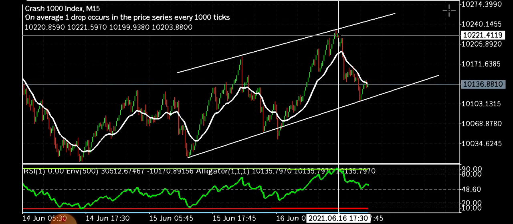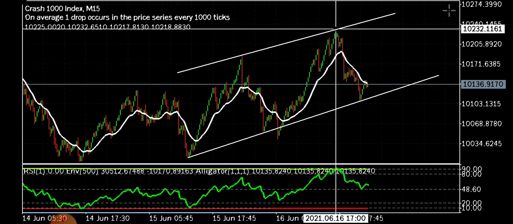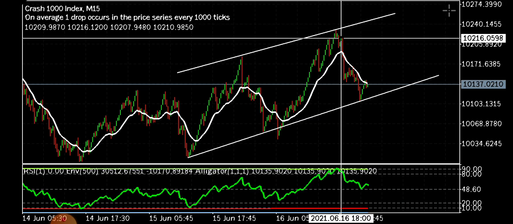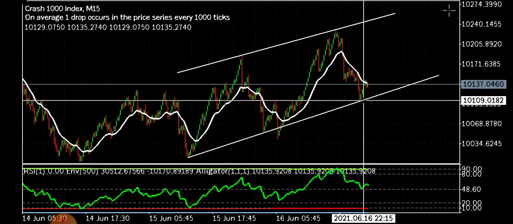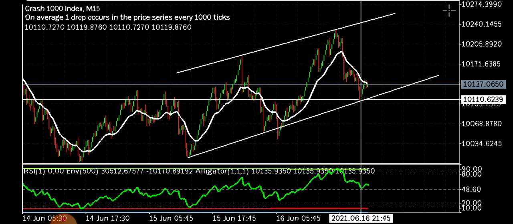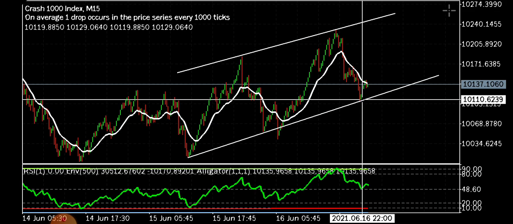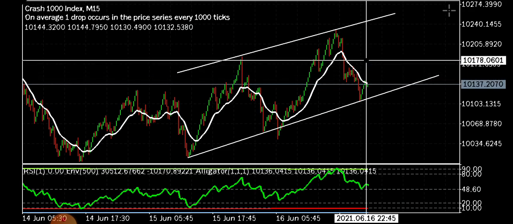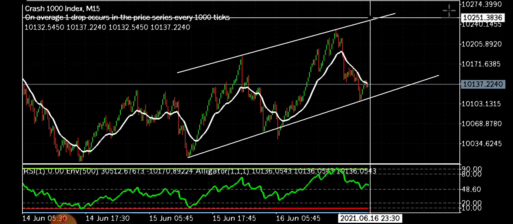I don't really want to go there, because if I go there I will start explaining and I don't want this video to be too lengthy. For Boom 1000, you know the market sells, so once it has gotten to the trend line below, you enter for a buy. Once on the 1 minute the alligator is touching the support level, enter for a buy until the market buys till this upper level.